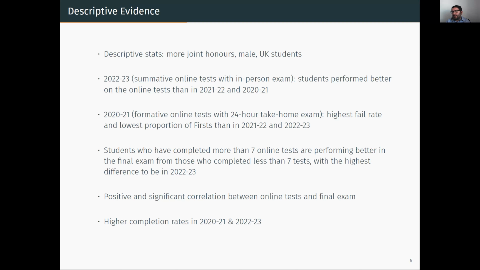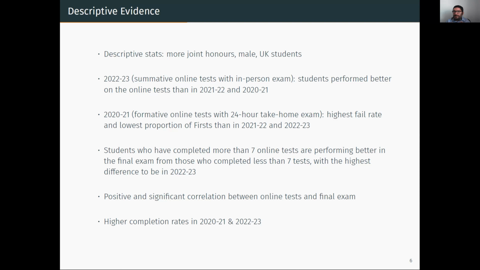In terms of results, in the last academic year, where we had a summative online test followed by an in-person exam, we find that students performed better in the online test than in the previous academic years, with the second best being the previous academic year, where we again had a summative online test followed by a take-home exam.